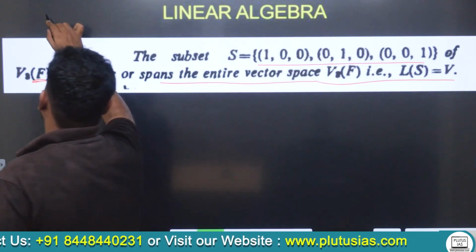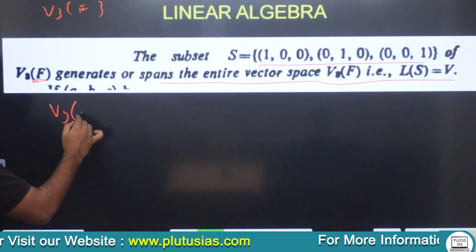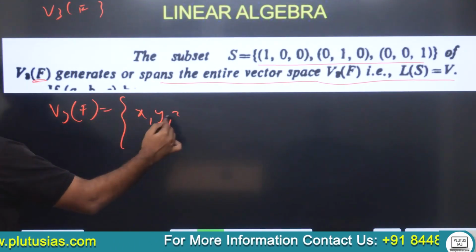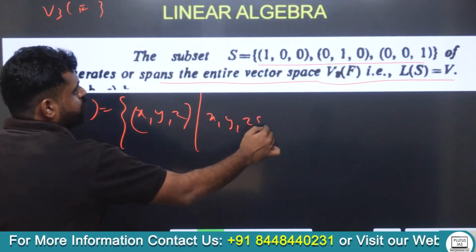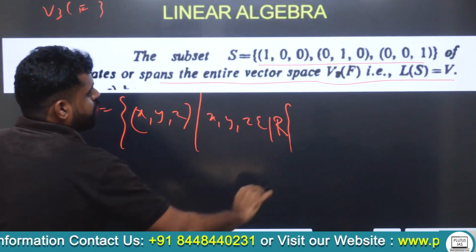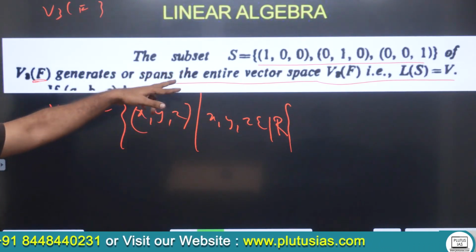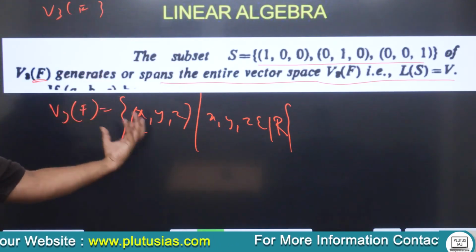This is V3 vector space. What is V3? It is all those X, Y, Z, where X, Y, Z belongs to real numbers. It says that this element generates the whole set.